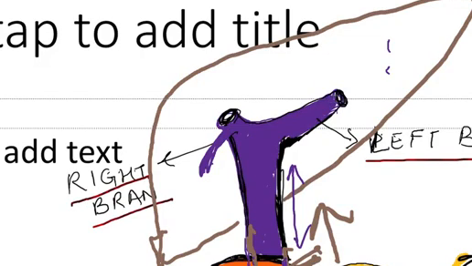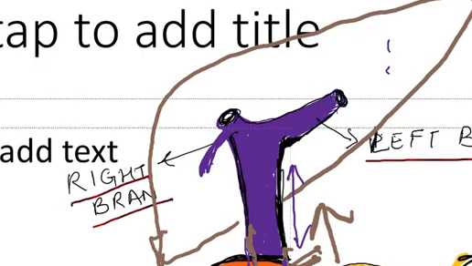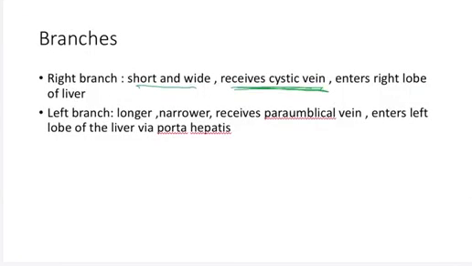And similarly, the left branch receives another vein known as the paraumbilical vein. The left branch is longer and narrower, and after receiving the paraumbilical vein, it enters into the left lobe of the liver via the porta hepatis.